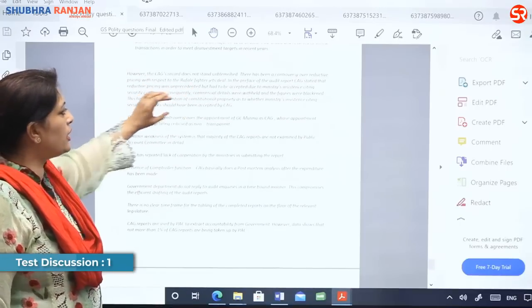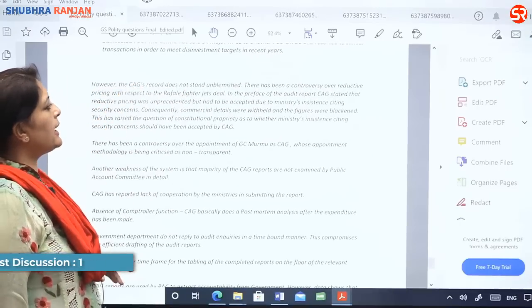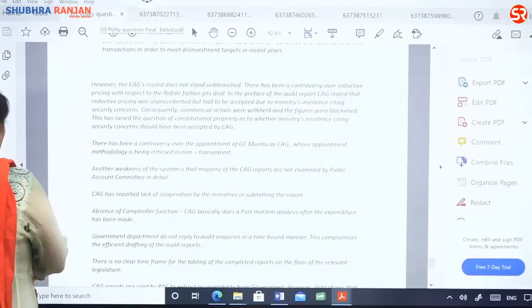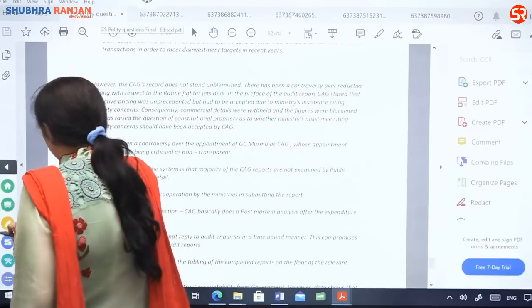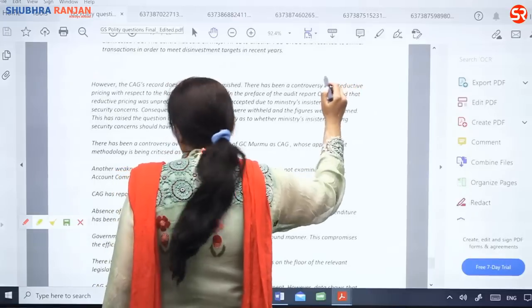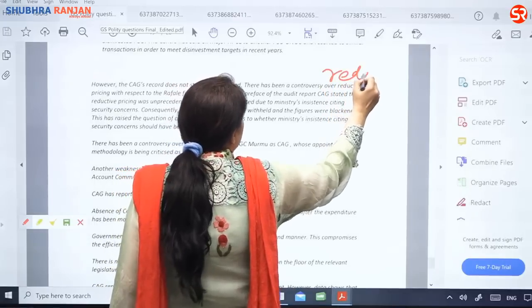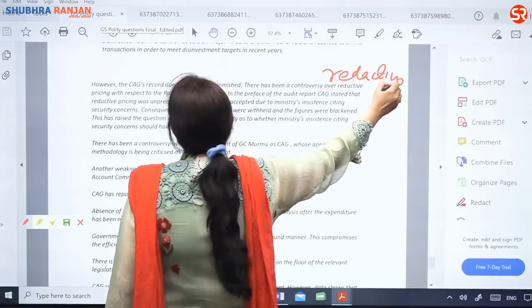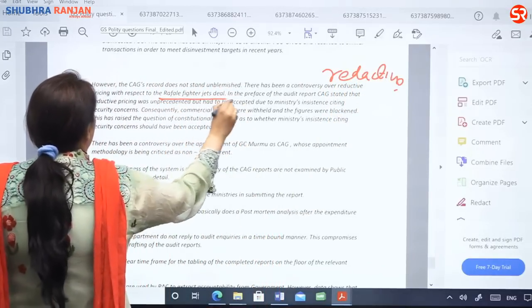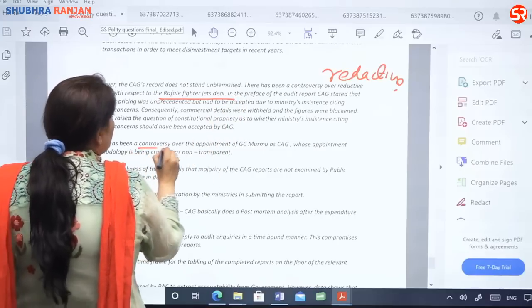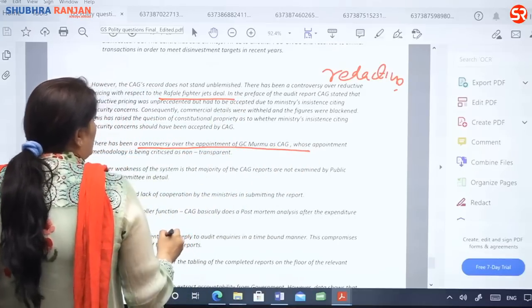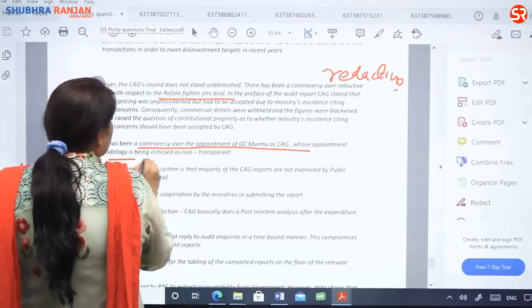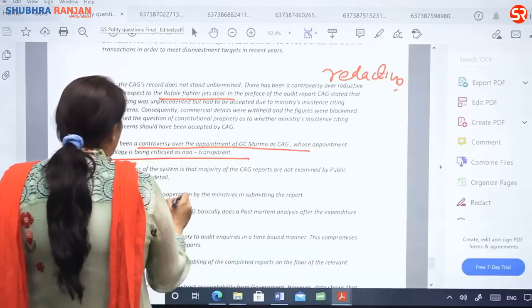However, CAG's record is not unblemished. There has been a controversy over reductive pricing related to Rafale fighter jets. There has been a controversy over the appointment of a CAG, whose methodology is being criticized as non-transparent.